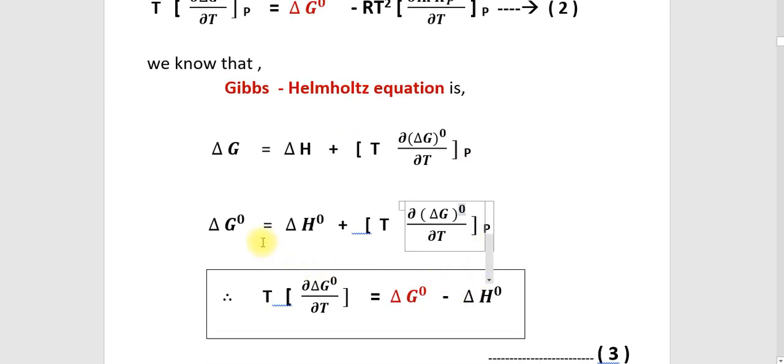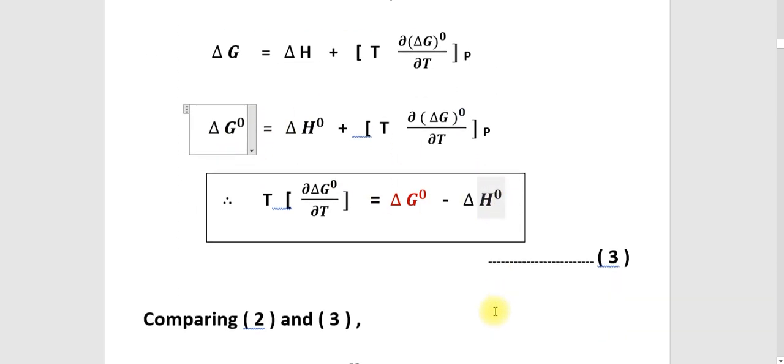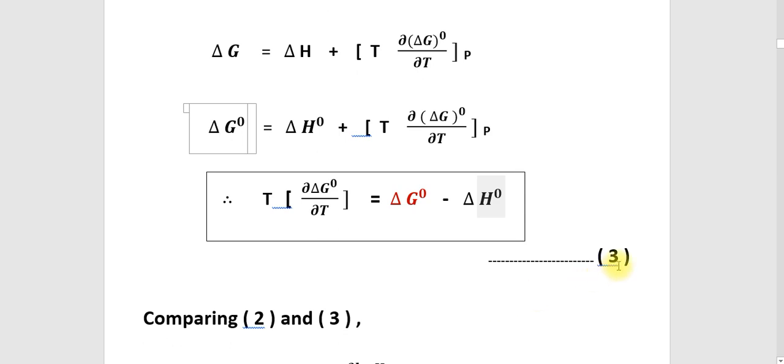In the standard condition, delta G0 is equal to delta H0 plus T dou delta G0 by dou T at constant pressure. Rearranging, T dou delta G0 by dou T is equal to delta G0 minus delta H0. That is given as equation number 3.